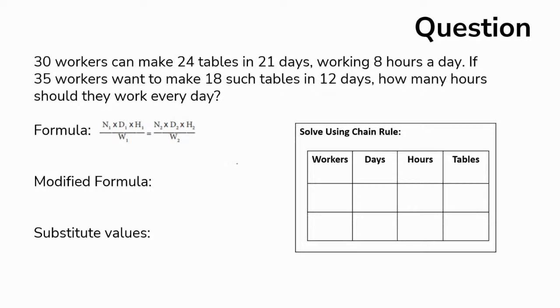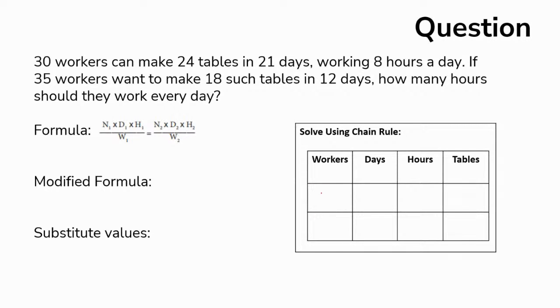Yes, guys. Moving on to the next problem. So what they were saying is that 30 workers can make 24 tables in 21 days, working 8 hours a day. So if 35 workers want to make 18 such tables in 12 days, how many hours should they work every day?